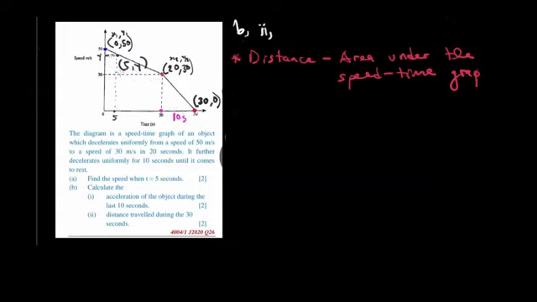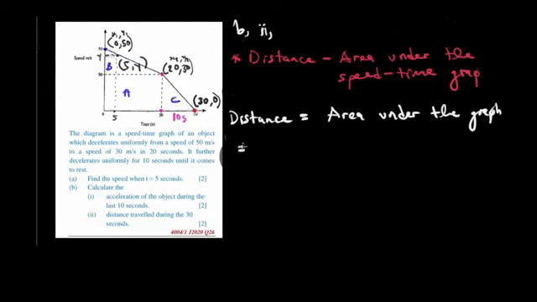So how do we calculate the distance? We can divide this shape into 3 parts. We call them A, then B, then C. In order for us to find the distance, which is the area under the graph, distance is equal to the area of A plus the area of B plus the area of C. What is the area of A?